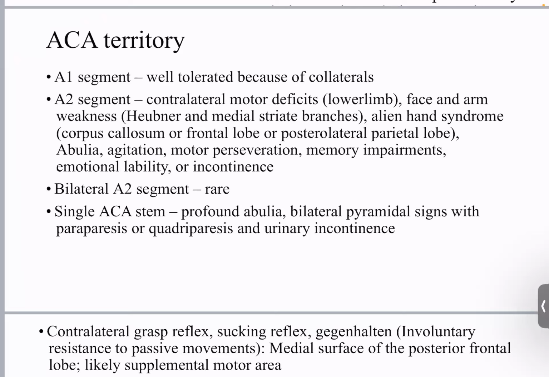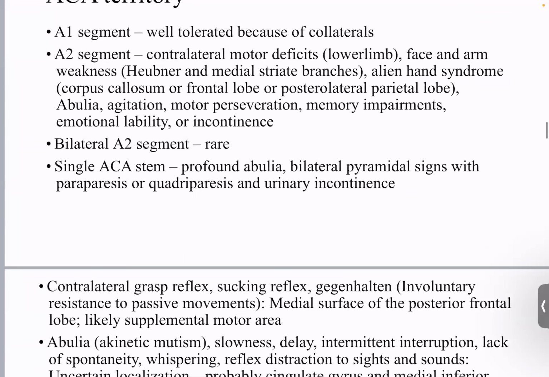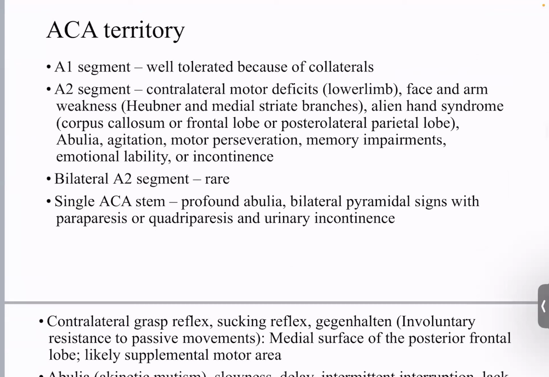If both the ACA segments arise from a single stem, there can be profound abulia, bilateral pyramidal signs with paraparesis or quadriparesis and urinary incontinence, though the incidence is rare. This is actually a question for you. What are the CNS lesions which can cause paraparesis or quadriparesis? It is unpaired ACA. That is a single ACA which is supplying both ACA territories, which is actually rare.